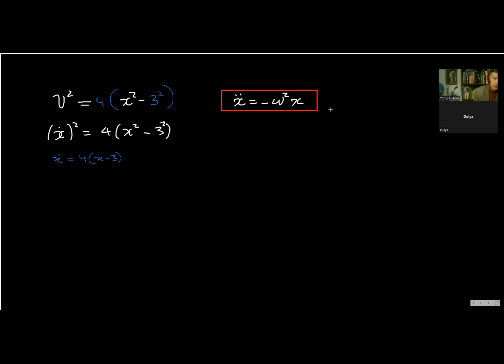Oh, you square root them? It's not 4, it's 2. This is a freshman's mistake. You cannot square root like this. If you take the square root on both sides, you get 2 times the square root. You cannot get this one.